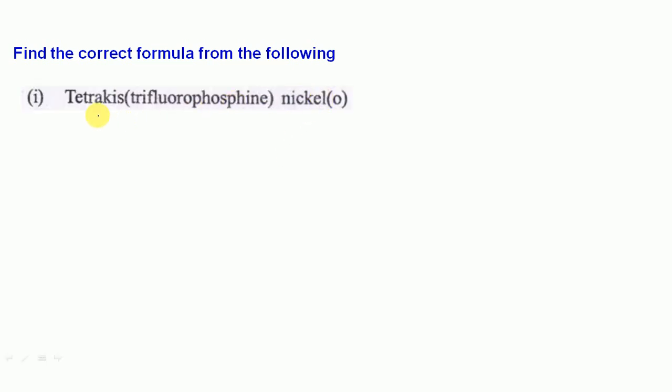First one, what is that? Tetrakis(trifluorophosphine)nickel(0). So first we can write the formula: nickel with tetrakis trifluorophosphine. Tetrakis means 4 times.